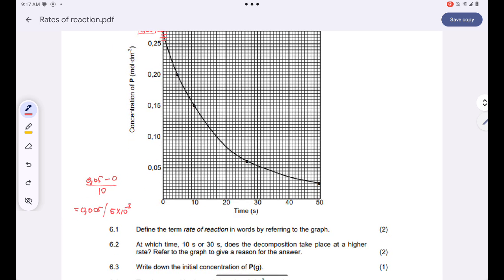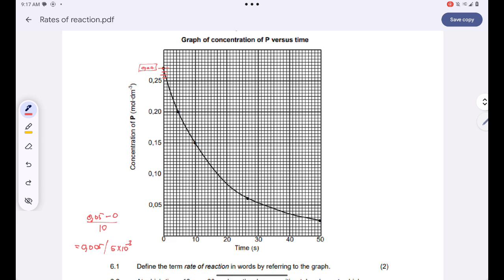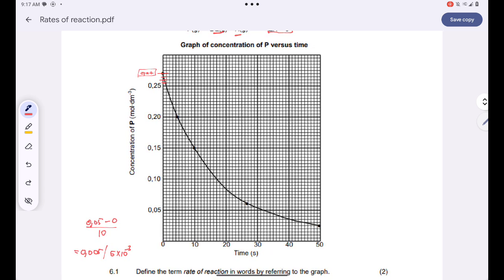And then now we are being asked, at which time, 10 seconds or 30 seconds, does the decomposition take place at a higher rate? Refer to the graph to give your reason. Okay, 10 seconds it's over there, and then 30 seconds it's over there. We can see, guys, the difference in the shape of our graph.